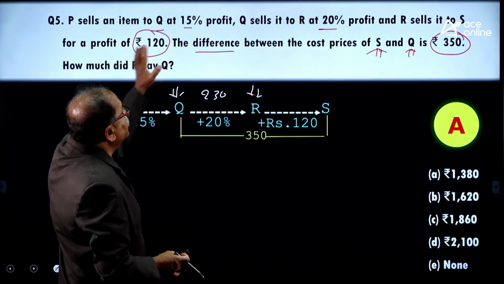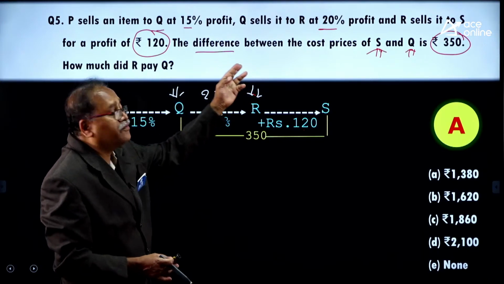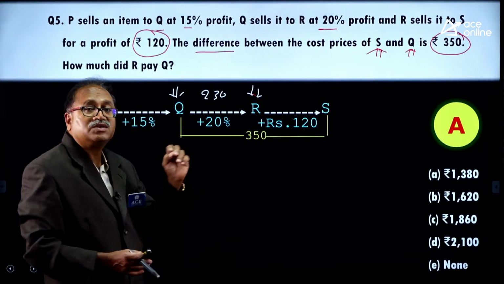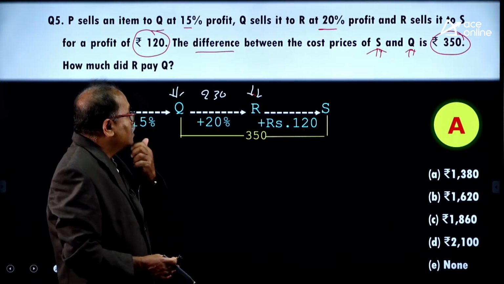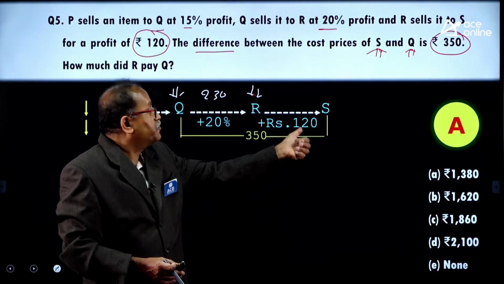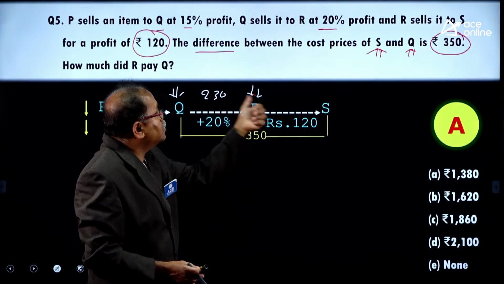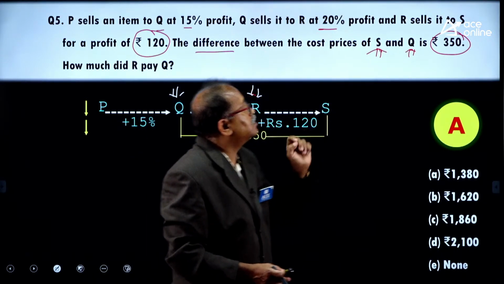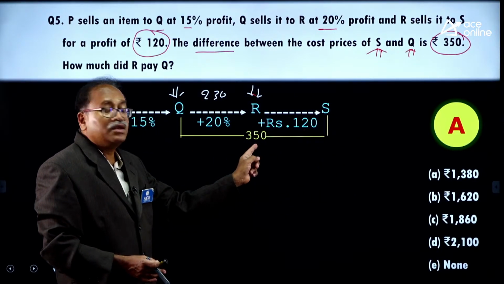Because if you understand this, there are too many facts here. That is the reason I put up the diagram for support. So, here R sells to S at 120 rupees profit, and the profit from Q to S is 350.